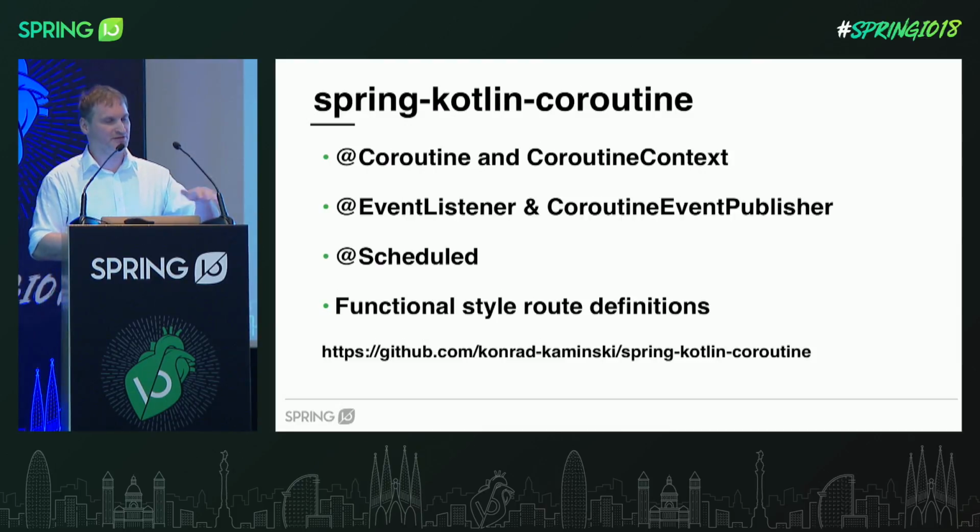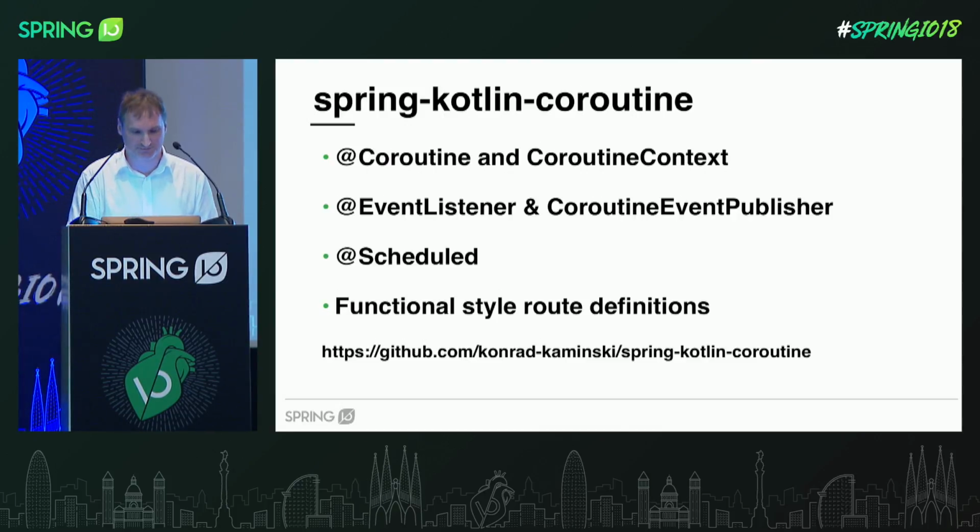I haven't mentioned all about those coroutine contexts, because we created the coroutine context on our own. But if you have a Spring component which is a scheduler for RxJava or an executor from the JDK, then you can actually specify it in this coroutine annotation, and it will be automatically converted into the coroutine context.